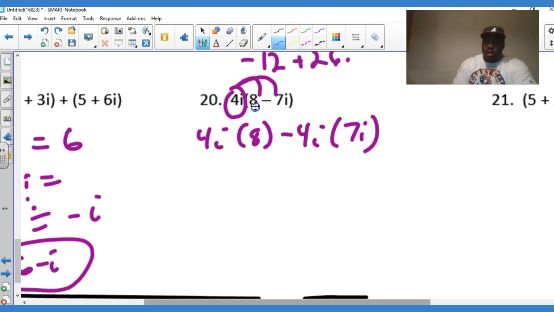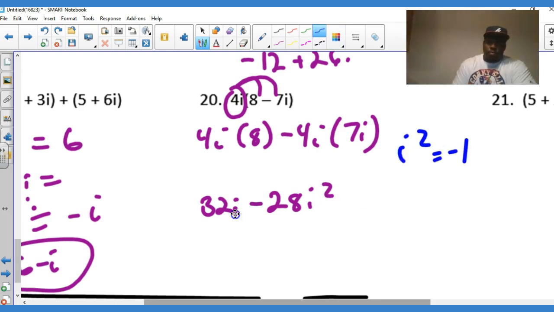So 4i times 8, that's going to be 32i. And then you have 4i times negative 7i, which is going to be negative 28i squared, because i times i is i squared.